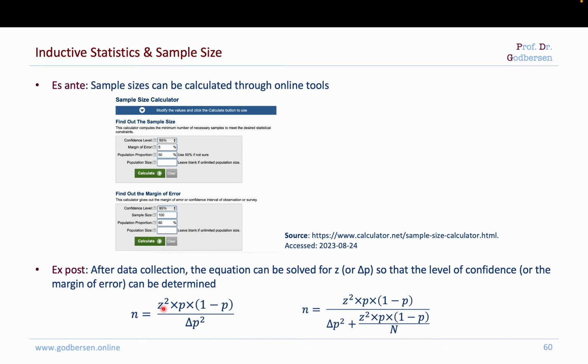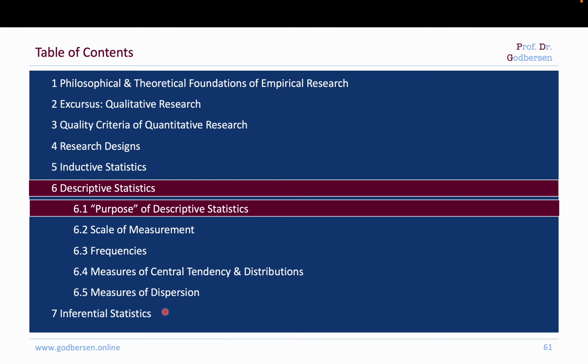And that might even get better, because you might not have measured 50%, but 30% or 20%. Then if you solve the equation for z, your level of confidence will be higher, and you can determine this after you've collected your data. This was inductive statistics.